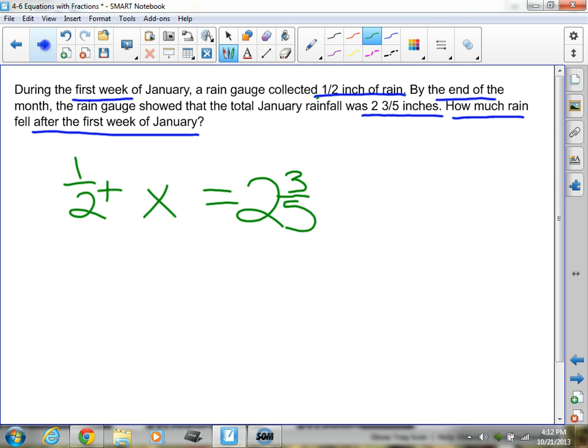Okay, so now I need to figure out what x equals. I know that 1/2 is a positive number, so I need to do the opposite of that. I need to subtract.